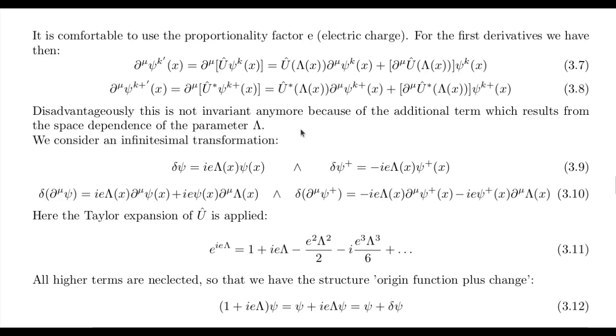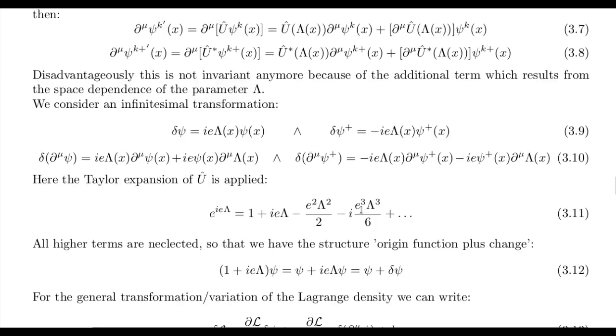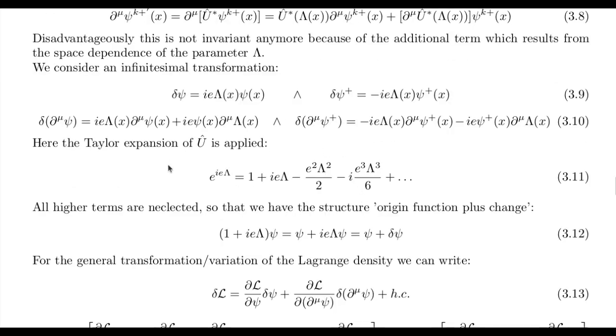We usually work here with infinitesimal transformations. So we consider now the infinitesimal change of the wave function psi. We can then write for the variation delta psi this. This results from a Taylor expansion.